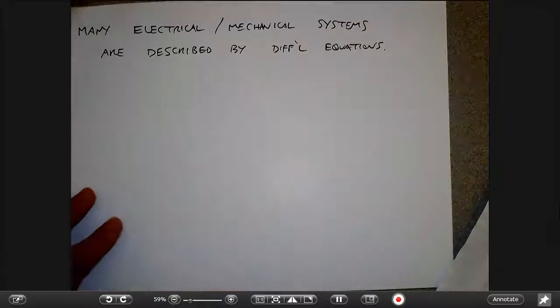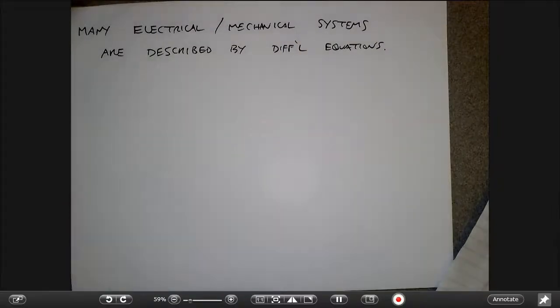So if I have a mass-spring system or an RLC circuit or something like that, then I have some sort of differential equation I have to solve. Presumably you had a whole class on solving differential equations and understanding where they came from in different scenarios. I'm not going to do all that again.